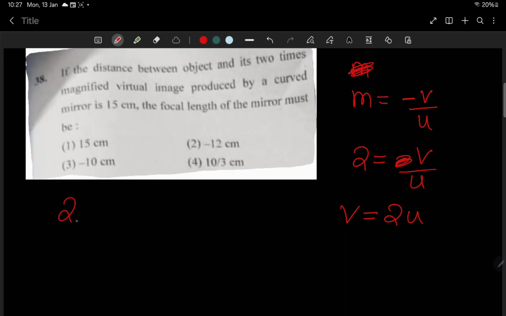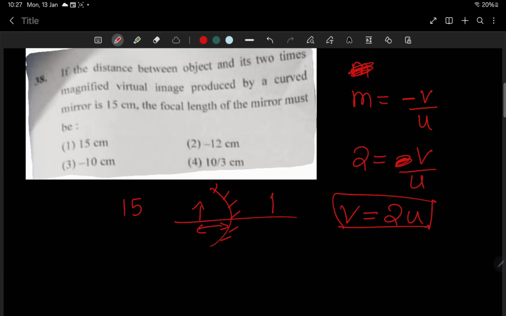Like if you are having a mirror here, you are having an object and a magnified image. This is V, this is U. They have given that U plus V is equal to 15 centimeter. Okay, perfect. U plus V is equal to 15 centimeters.